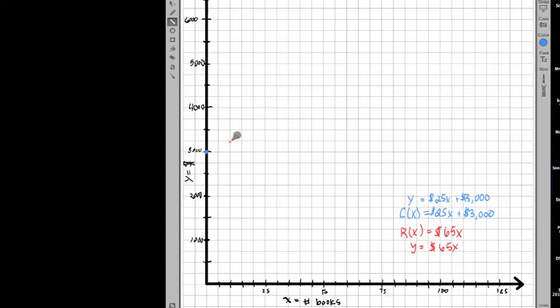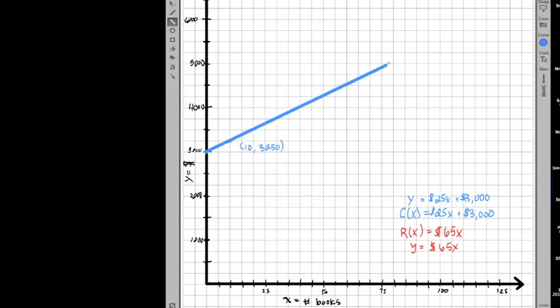So 3,250 is an easy point for me to plot. So I know that when my number of books is 10, and remember I'm counting by fives on the x-axis, I can go over 5, 10, and then I can go up to 3,250 and I can get an exact point there. So let's go ahead and do that.